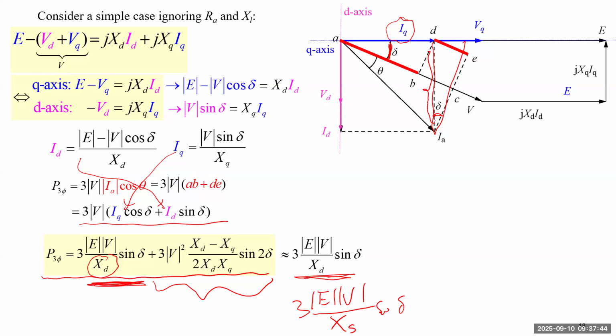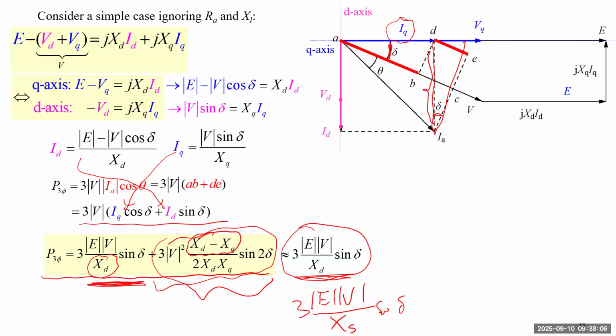We replace the single reactance by XD. And definitely there will be a second term, but the second term can be very small if XD and XQ are very close. So we can ignore the second term and use this one to approximately calculate the power.